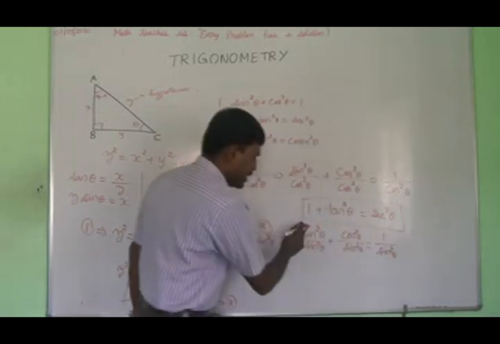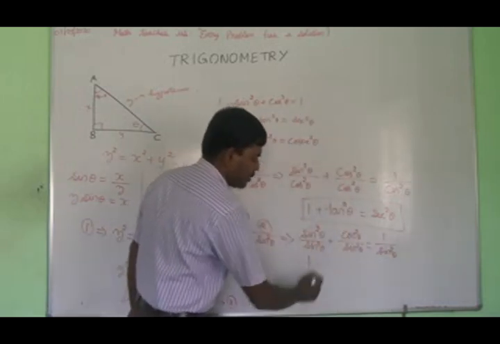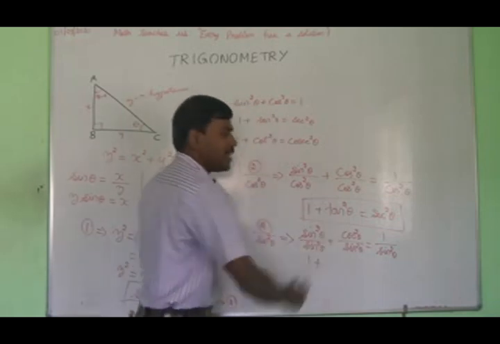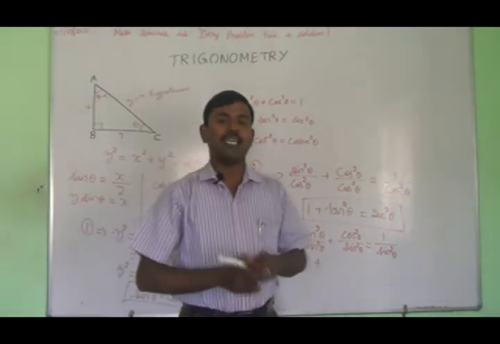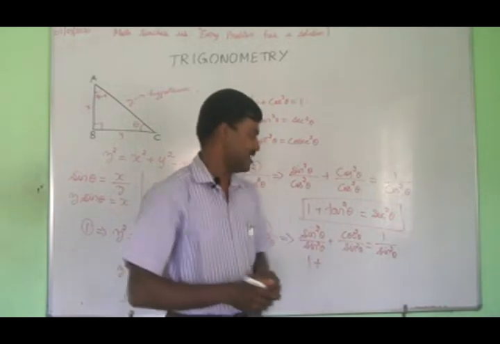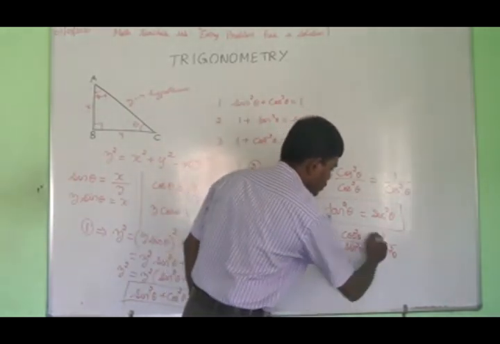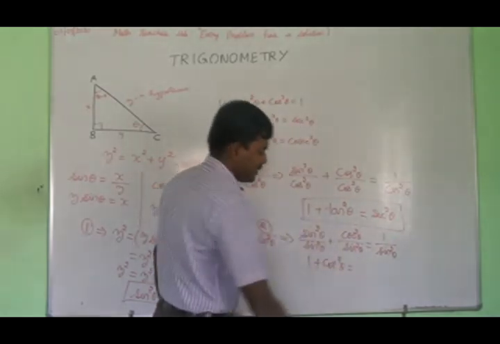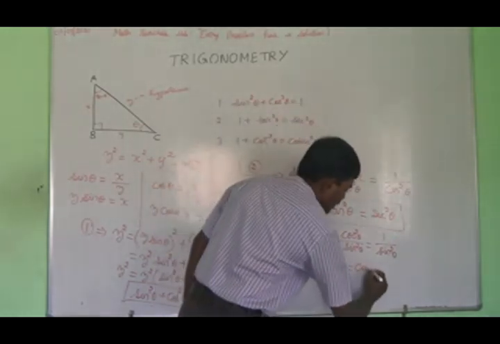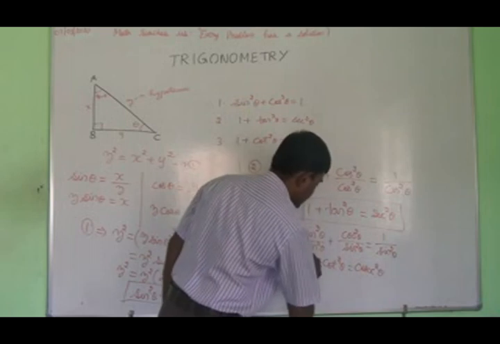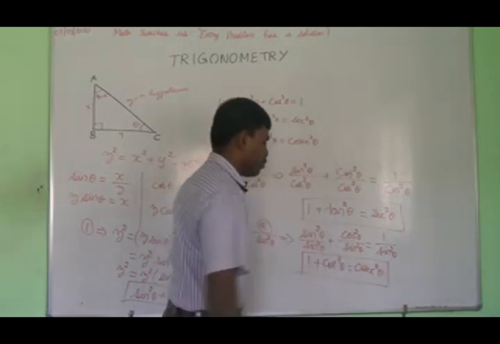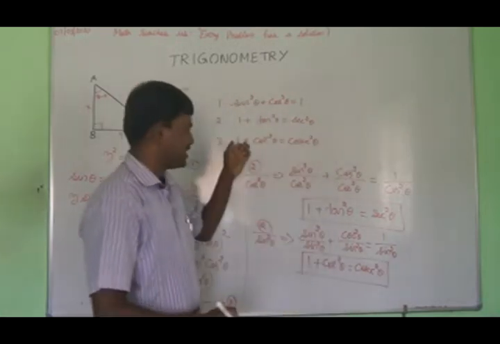Sin square both cancel each other to give 1. Cos theta by sin theta, as we learnt before, is cot theta, so we write cot square theta, which is equal to 1 by sin theta, that is cosecant theta, so cosecant square theta, and hence we have got the third identity.